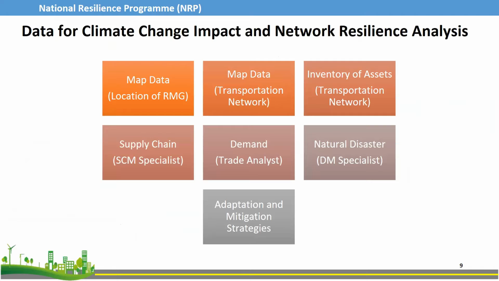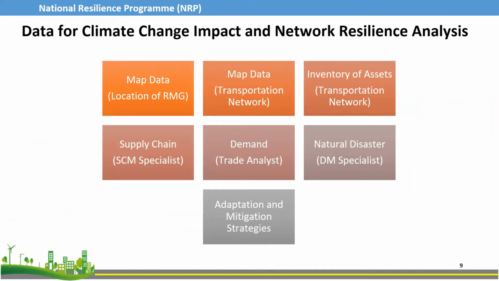The data that we used, as I have mentioned, includes the map data, where we had the location of all the RMGs. Then we have the transportation network and the different kinds of assets on it. Then we did the literature review, and we interviewed many stakeholders and came up with the supply chain.